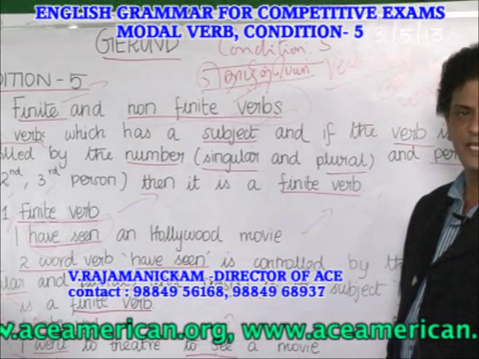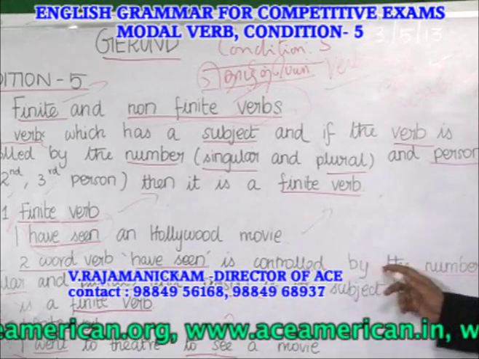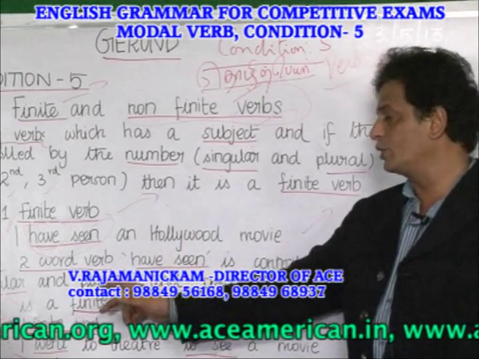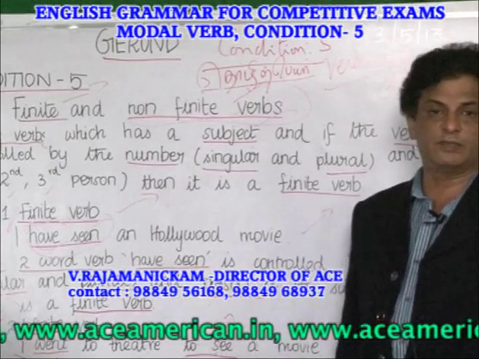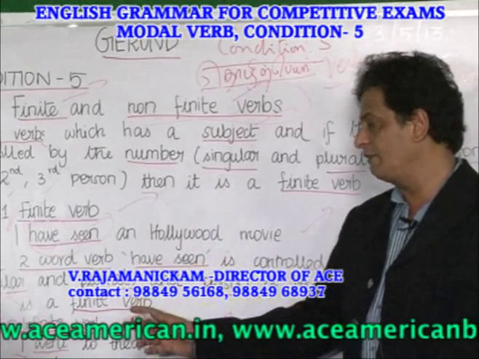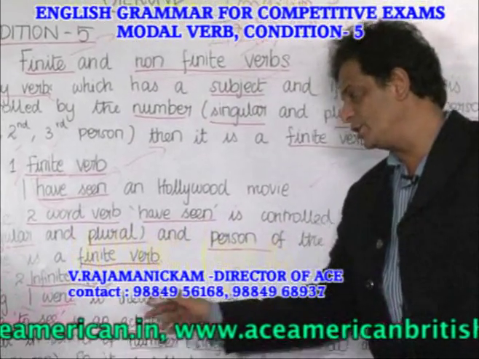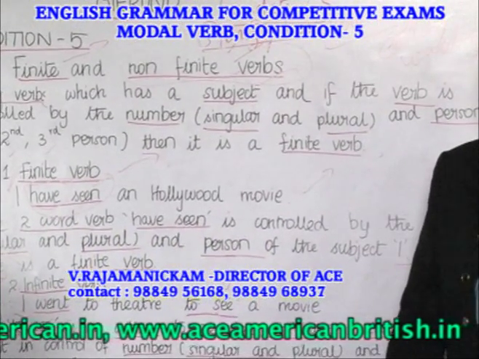Have seen என்பது ரெண்டு வினைச்சொல் இருக்கிறது. Is controlled by the number singular and plural and person of the subject I. So have is a finite verb. இது எல்லாத்துக்கும் புரிஞ்சுதா? எந்த டவுட்டும் இல்லை. Infinitive verb என்றால் பாருங்க, I went to theater என்றால் என்ன? நான் தியேட்டருக்கு சென்றேன்.